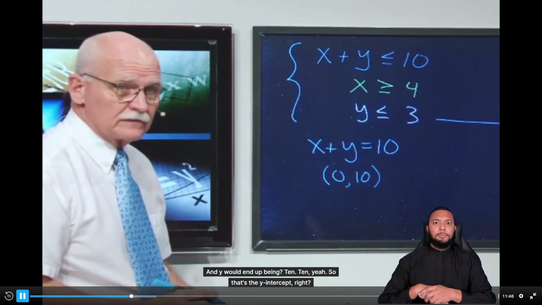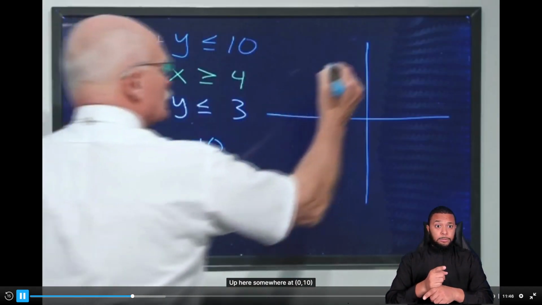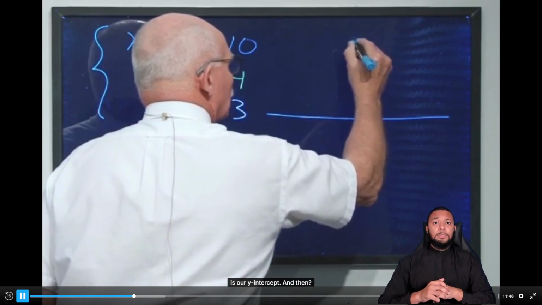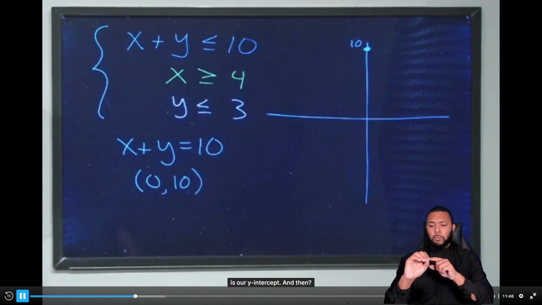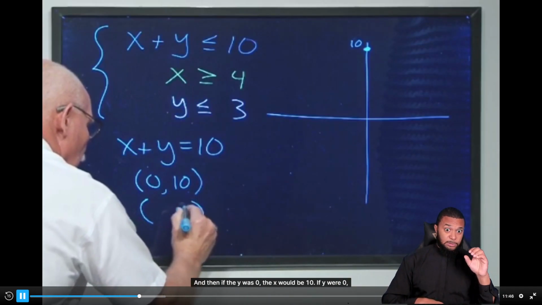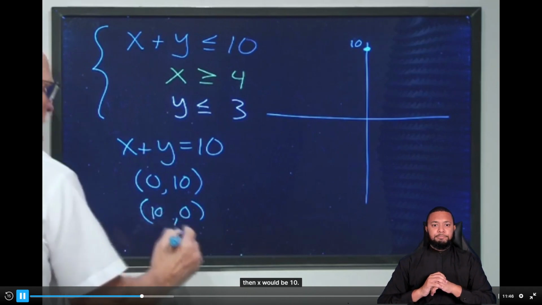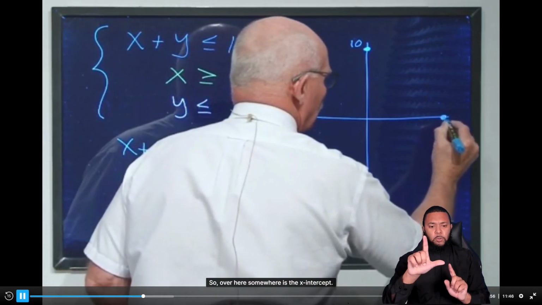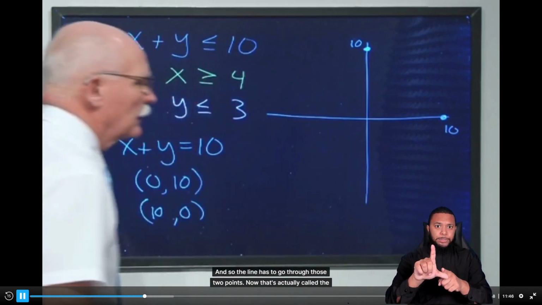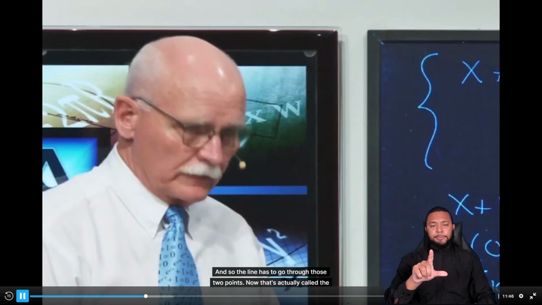So that's the y-intercept, right? Up here somewhere at 0, 10 is our y-intercept. And then if y were 0, then x would be 10. So over here somewhere is the x-intercept. And so the line has to go through those 2 points. Now that's actually called the intercept method.